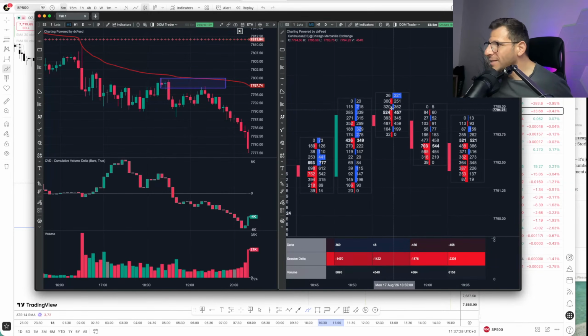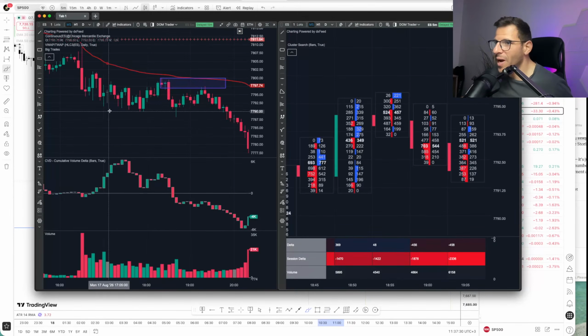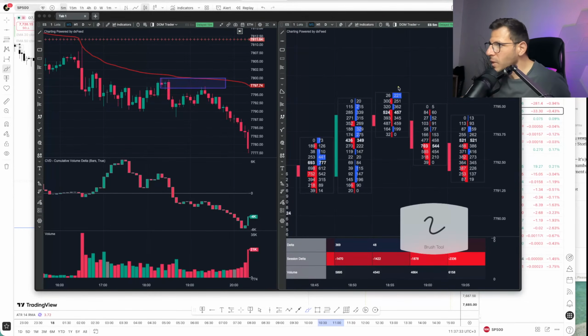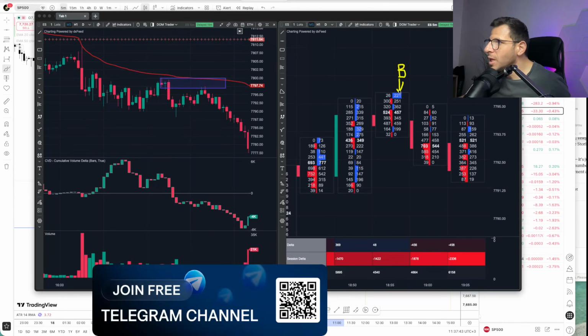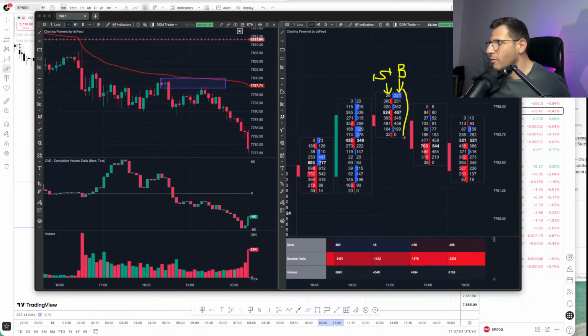But if you look at this one here, I'm going to say it in simple words: on the right side you see how many people bought, and on the left you see how many people sold, or rather how many buy orders were executed on the right and how many sell orders on the left.